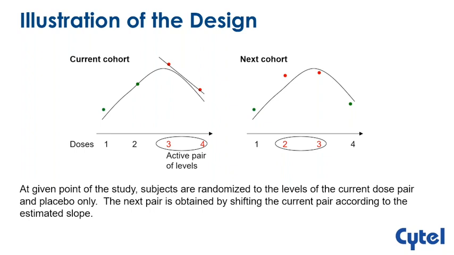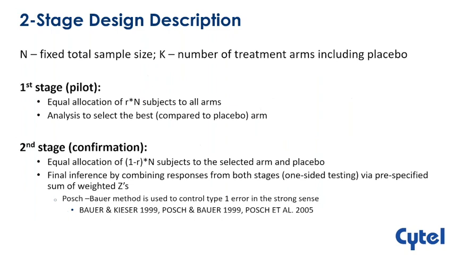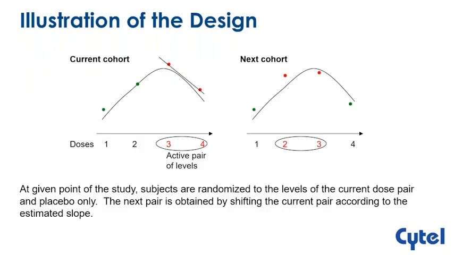And if there were a positive slope, then the peak would be to the right. So we would increase the dose for the next cohort. But if the slope is relatively flat, then we'll repeat the dose. There will be an example of a case study used in maximizing design at the end.